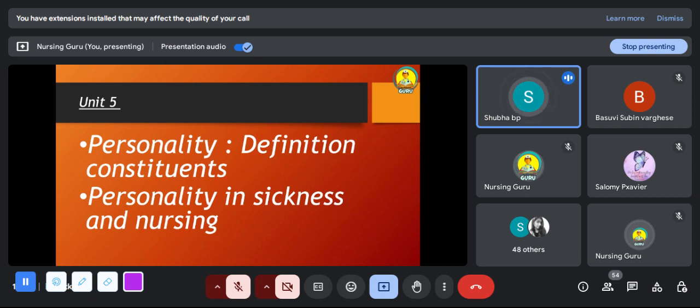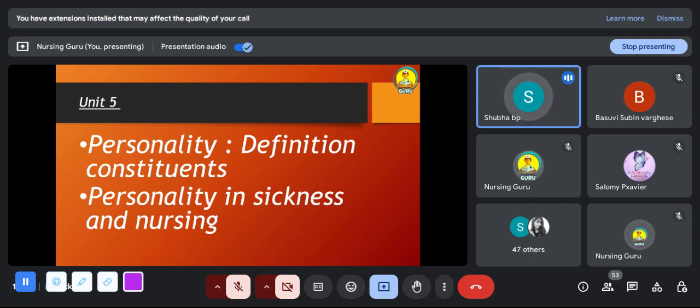Means in this topic you are going to study what are the uses of personality in nursing profession. Okay, so as a nurse, what personality she should have to maintain the patients, and what personality the patient is expecting from the nurse.